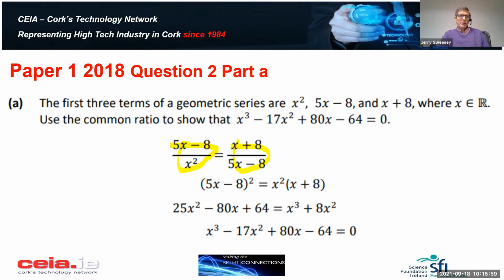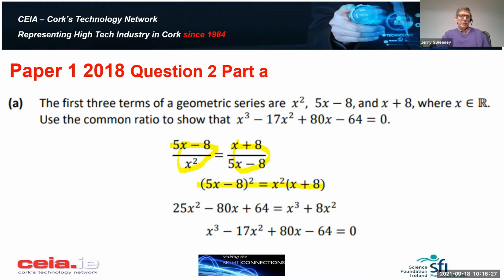And we do some simplification on that. We take the 5x minus 8 from the right-hand side, where it's under the line, and multiply it on the other side, and we get 5x minus 8 squared. And we bring the x squared from under the line on the left-hand side to the right-hand side, and we end up with this.